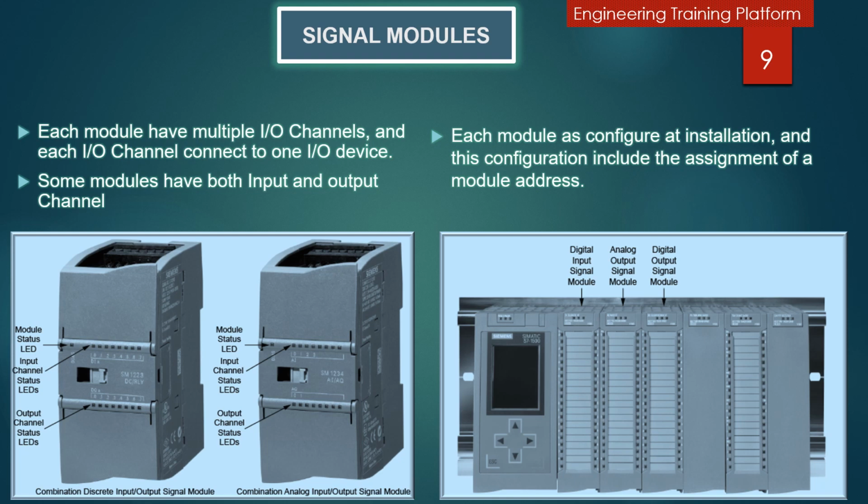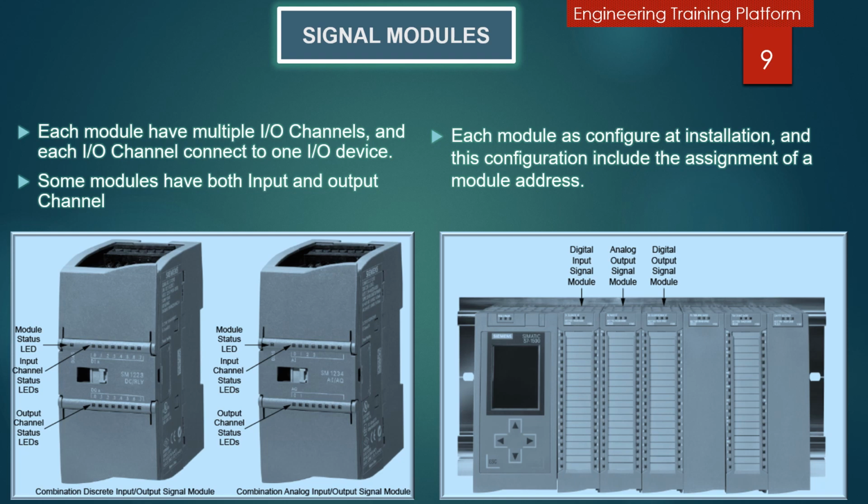And each module is configured at installation. This configuration includes the assignment of a module address. This address, together with the module type, also identifies the location of the image table status bit for the connected inputs and outputs. In the picture, I already explained about the digital input signal modules.